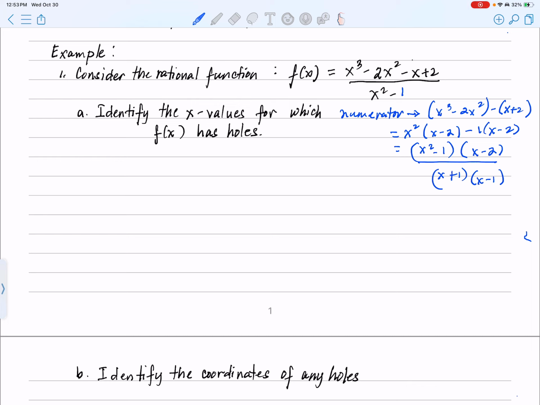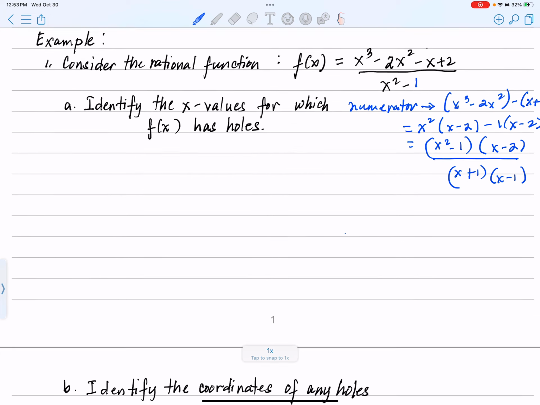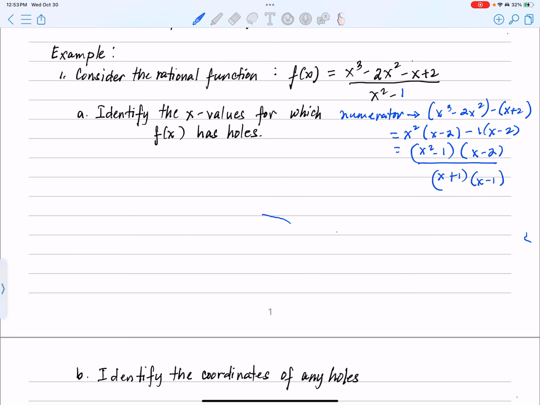So might as well I could cancel this out, or I could show it. Let's do this. The numerator x squared minus 1 is x plus 1 and x minus 1, then x minus 2, and then our denominator is x plus 1 and x minus 1.